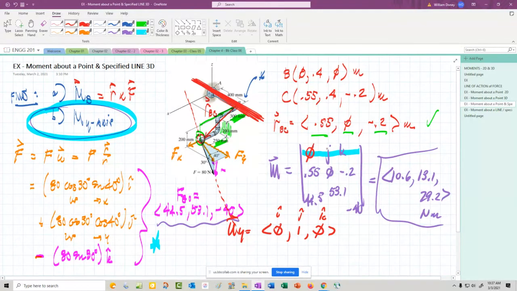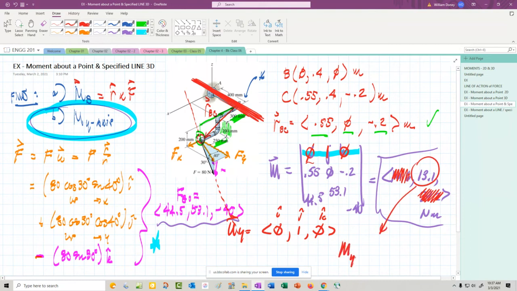So if I put 0, 1, and 0 in here, you should see that the I component will go away because there's a 0. The Z component goes away. And the only thing I'm left with is going to be the Y component.